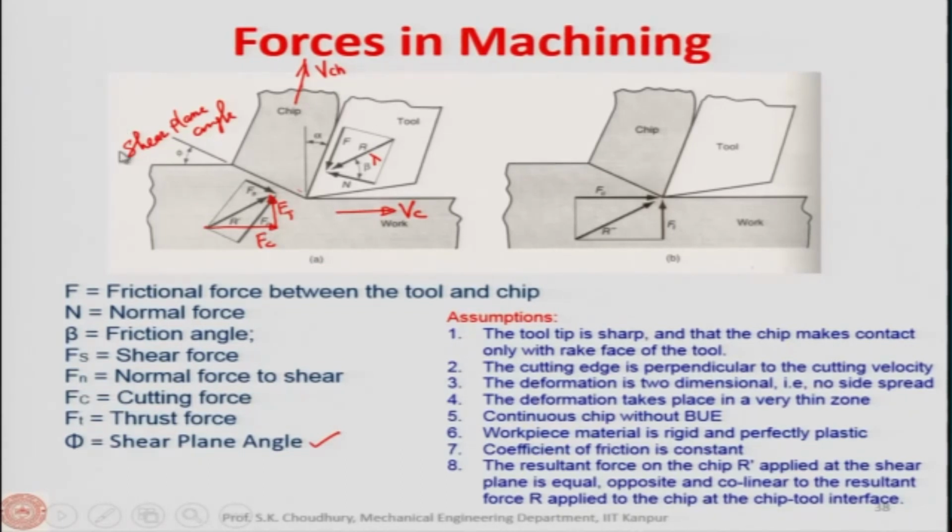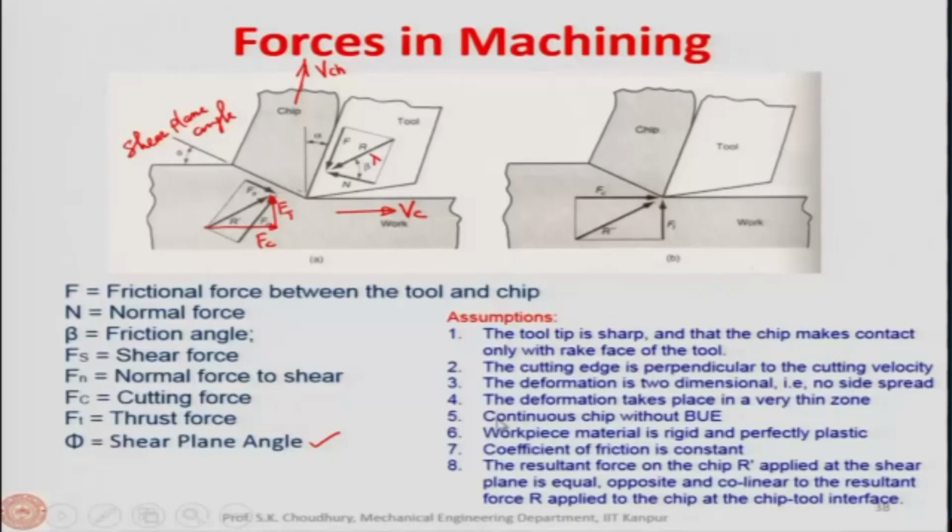As you know, this relationship was derived for the first time by Merchant and Ernst in 1944, and therefore this is still being used as a valuable model, showing the insight of the mechanics of metal cutting. So, this is called the model for the mechanics of metal cutting, which will give you the insight of the mechanics.